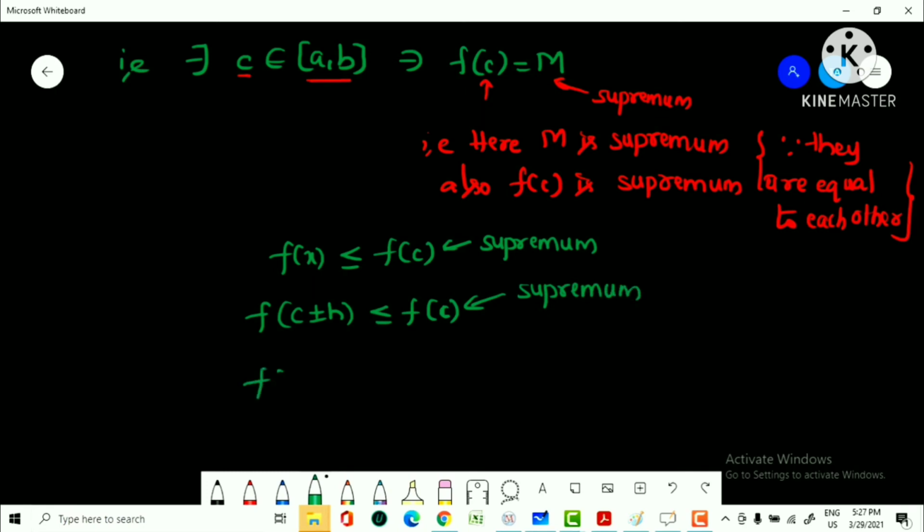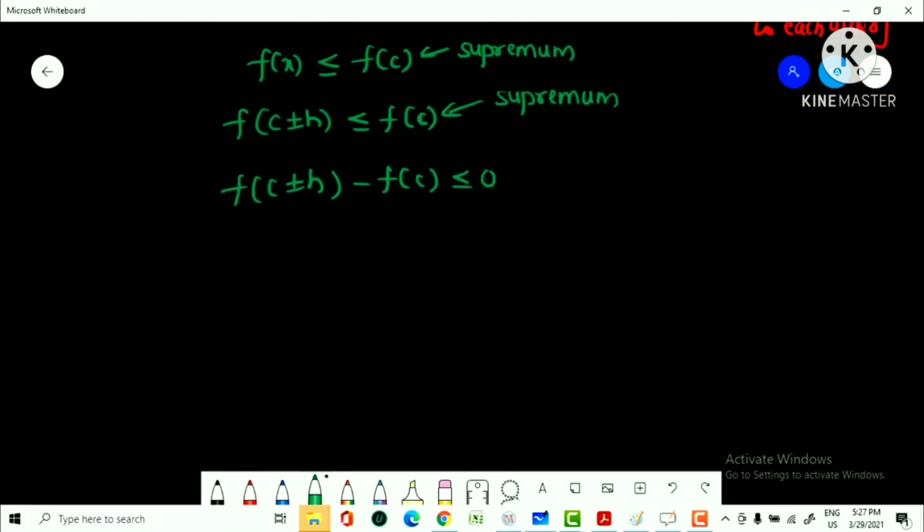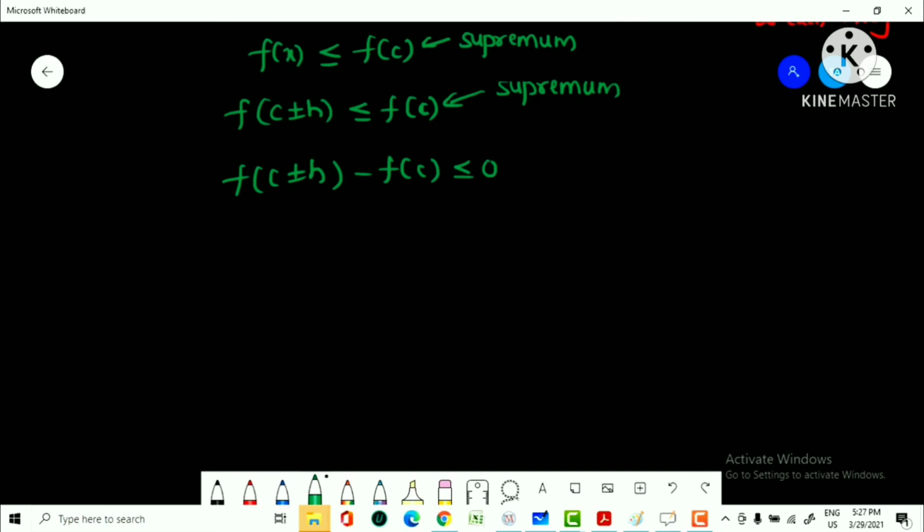So I can rewrite this part like this. I can take it on the left hand side. So now I can divide throughout by plus or minus h.